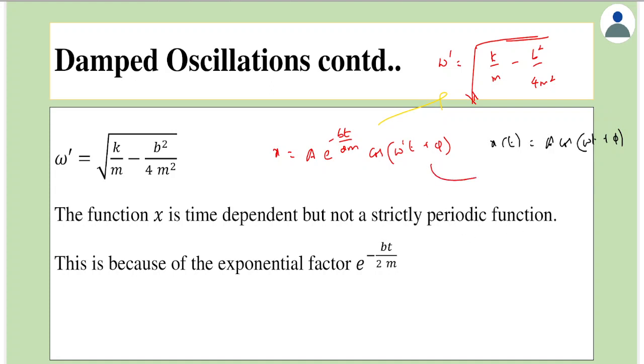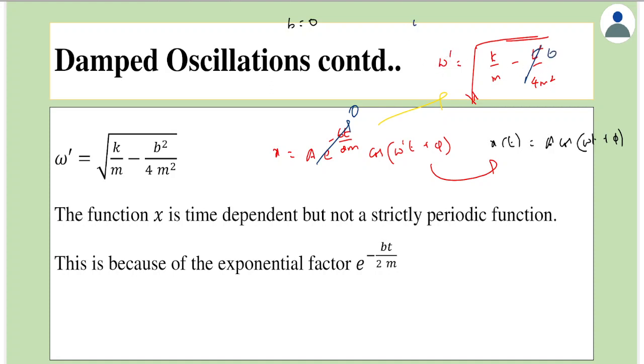Now compare this and this. Suppose we take a case where b is equal to 0. Now b is 0 would mean that it is an undamped medium, which is the same as free oscillation. When you put b is 0, then this term goes to 0, and also here, this term would go to 0.